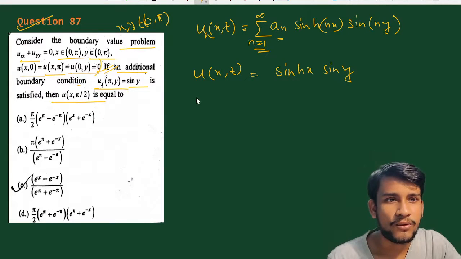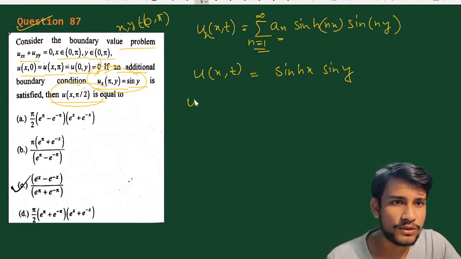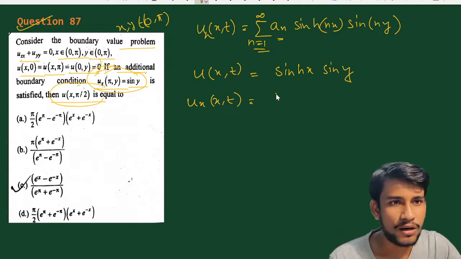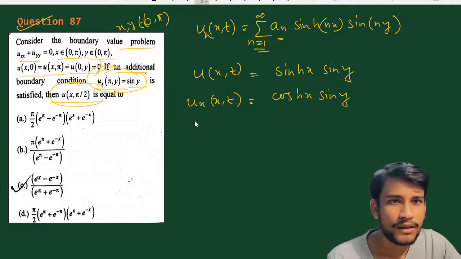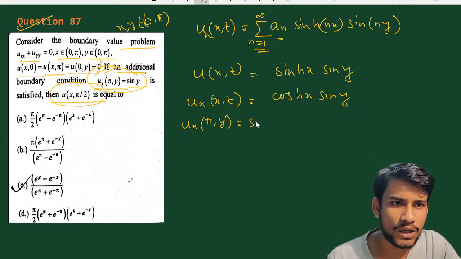Okay, now if we apply the additional boundary condition u x pi y equal to sin y, so u x, first calculate u x, this is equal to simply a cos hyperbolic x into sine y. Okay, this is the solution u x, and u x pi y, this is equal to what? Sine y.